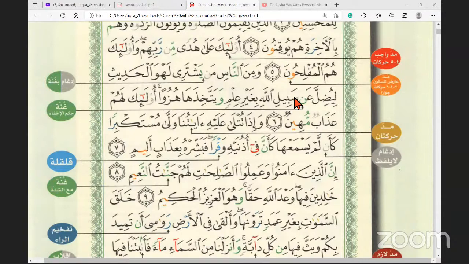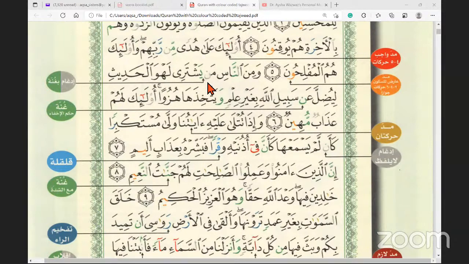So, ansa in this example. Anfusihim, for example, not anfu. Or ansabil, not ansabili. So don't make the noon as if it has its own sound. You're actually putting that sound really on the letter that's after it.